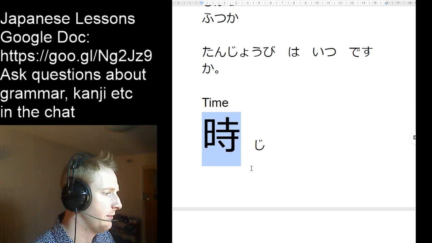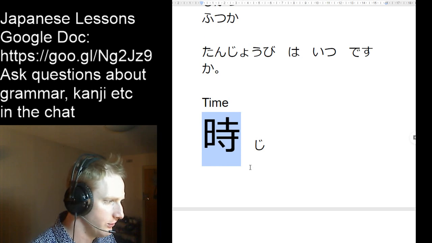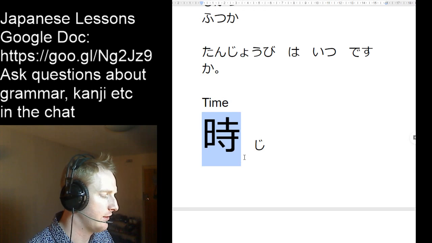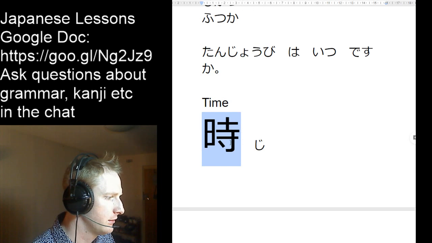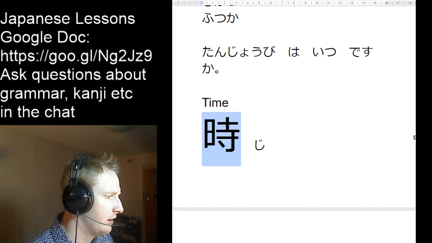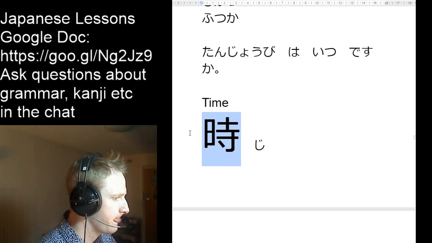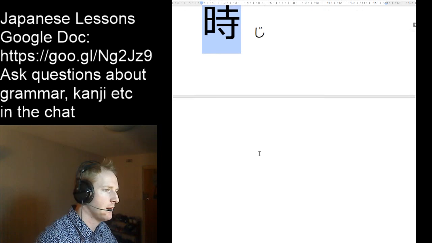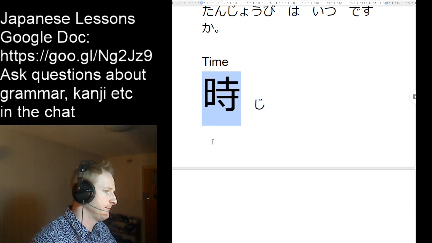So I always tell people, if you think about ancient feudal Japan, it's likely that the priests and people who worked at temples were the people with the sundials. They were the timekeepers. So I used to think, sundials at the temple, for the character for time. But anyway, this is our counter as well.